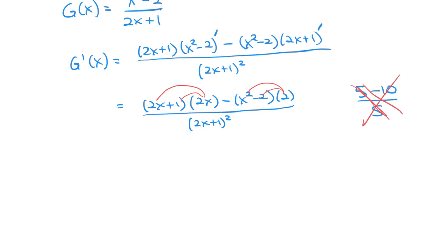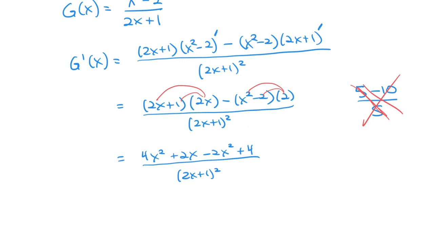Okay, so I would get 4x squared plus 2x. Okay, I'm going to be careful here. I'm going to get minus 2x squared and then plus 4, all over (2x plus 1) squared.